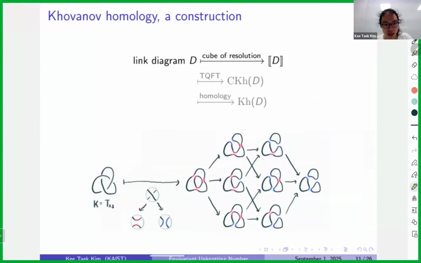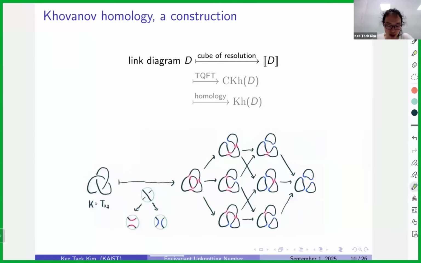So let's see an example of the trefoil. This is a diagram, and we have three crossings here. There are two ways to resolve each crossing, like this way and this way. Because we have three crossings, there are a total of 8 possibilities, and we want to record all of these 8 diagrams like this complex.